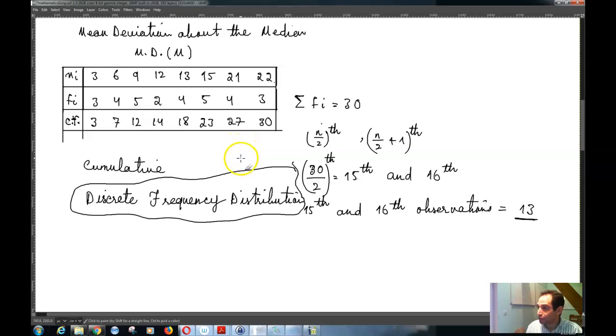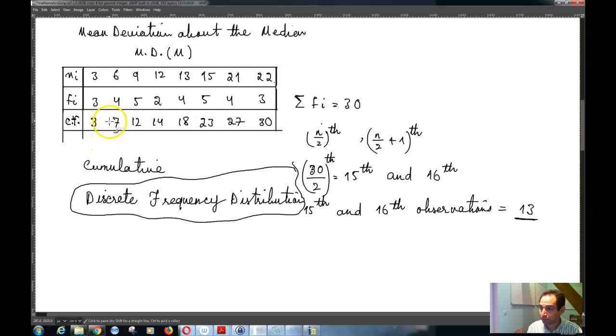Now, for this, the observations are arranged in ascending order. As you can see, the observations have been arranged in ascending order: 3, 6, 9, 12, 13, 15, and so on and so forth. After this, the cumulative frequencies are obtained, which is this part over here.